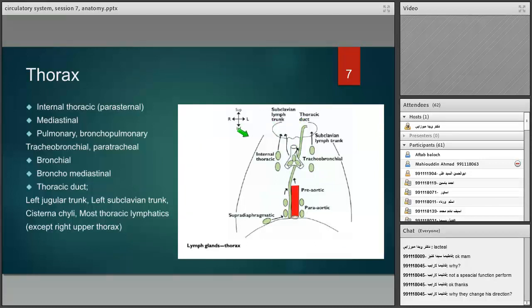Okay, here we have the neck. In the neck, it will go upward, then again make an arc and come down, and drain the lymph into the junction of the internal jugular vein and the left subclavian.